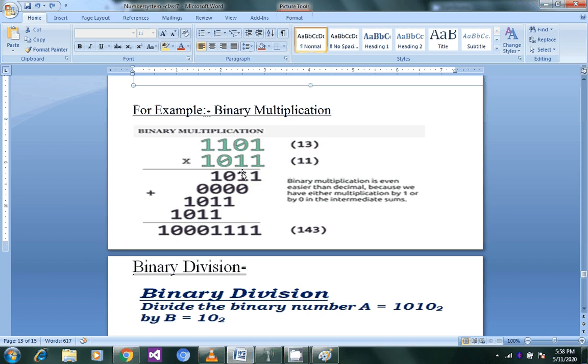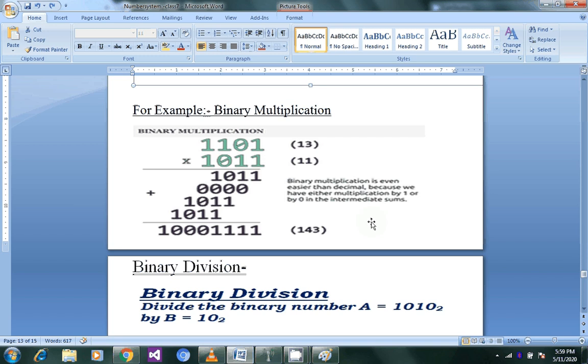Here again, binary multiplication is even easier than decimal, because we have either multiplication by 1 or 0 in the intermediate sums. Now you see again, when 1 is multiplied by 1, it gives the result 1. Then 0 is multiplied by 1, it gives the result 0. Then 1101, 1101, 0 0 0 0, and so on.